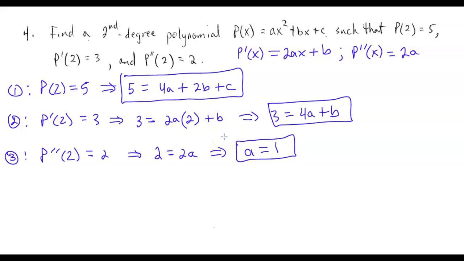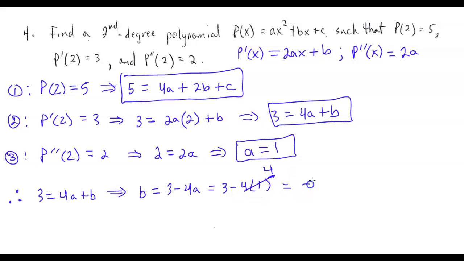Now that I have all this information, I simply need to do back substitution to come up with what b and c end up being. Here, 3 equals 4a plus b, which implies that b is equal to 3 minus 4a, which is 3 minus 4 times 1.